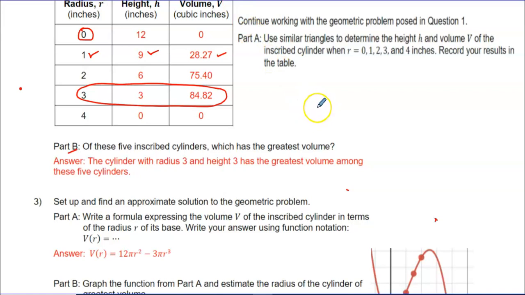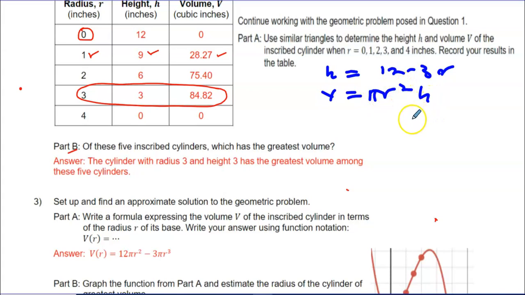We know that our height, we have calculated our height to be equal to 12 minus 3r. And the volume of the cylinder is given by pi r squared h. And so all we want to do is replace this h by 12 minus 3r.